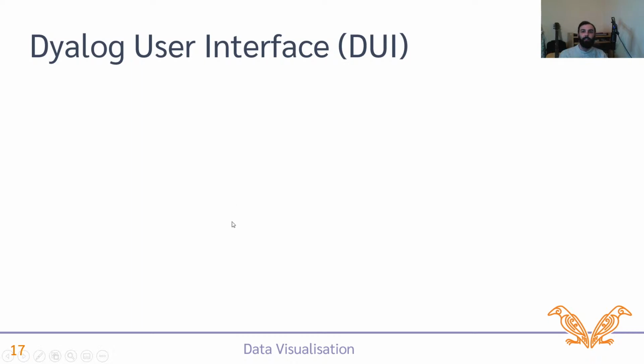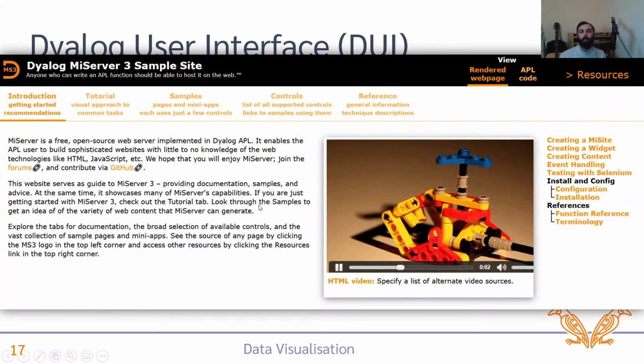One is Dyalog user interface, or DUI, name my server. So the GitHub repository, I guess I should have put a link on the screen there, will be in the description. DUI is the evolution of my server, where my server was strictly a web service framework that would serve your front-end code so that you could access it via a web browser.